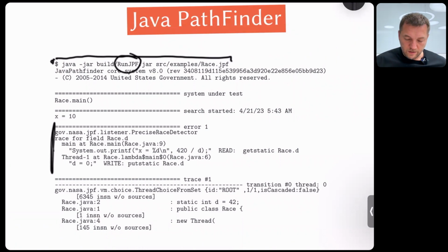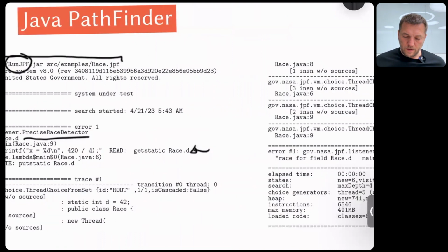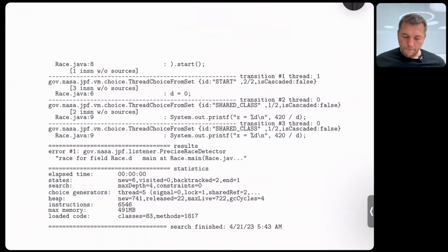So it says precise race detector. This one is the one that detects the problems. And you see it says D equals 0, and it understands that the reading is happening there. It doesn't say that there's going to be division by 0 here. I don't see this message. But that's probably because I'm not very familiar with the tool.